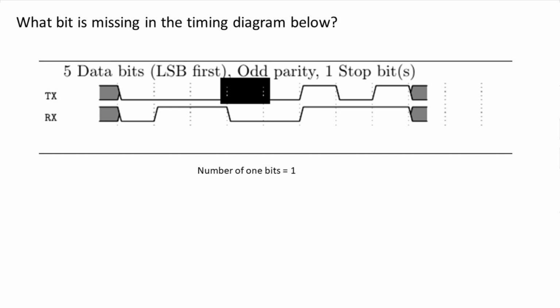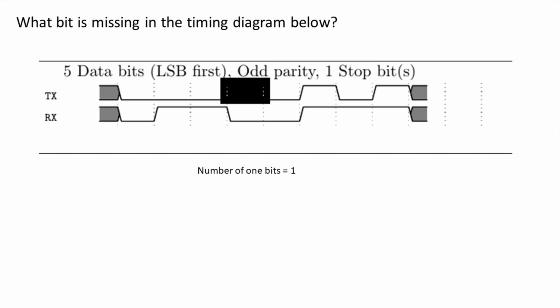So we've got 0, 0, something, 0, 1, 0. I'm not including the last bit and the first bit because that's the start and the stop. So I'm counting just 1 bit. And so if it's odd parity, then the missing bit must be 0, because if it was 1, then there would be an even number of 1 bits set.